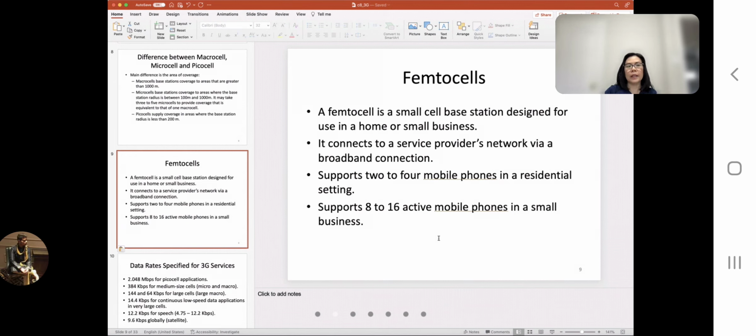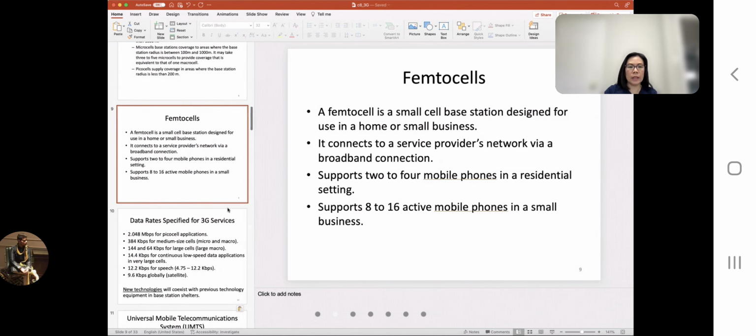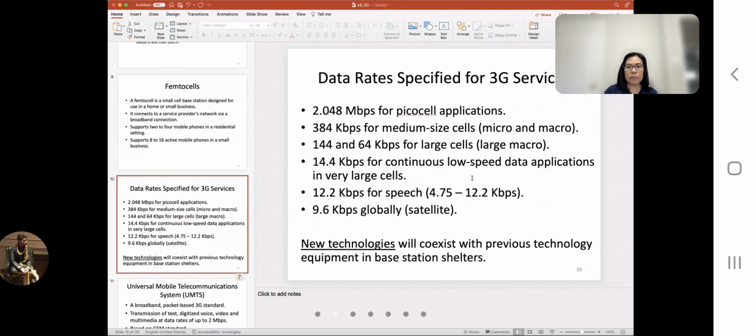Again, we use this in case the signal penetration in the building is not good. So we can use a femtocell in this case to increase the coverage inside the building. All right, so those are the different types of cells. Now, because of the different types of cells, we can have different data rates for 3G services.